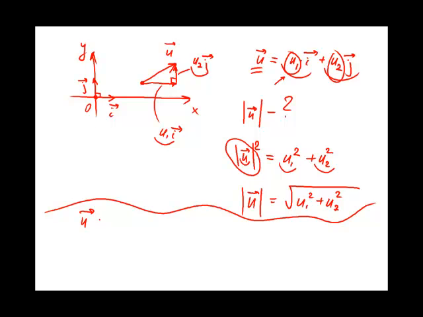U will be 3i minus 2j, and let's take another vector, v, to be minus 5i plus 7j. And what I want to do is to find u plus v.